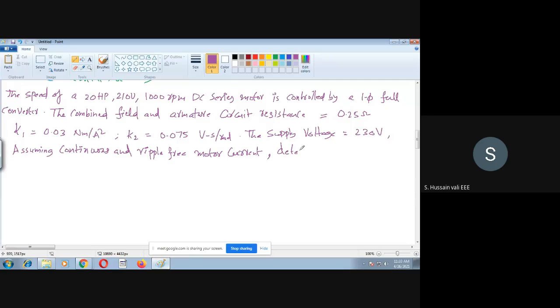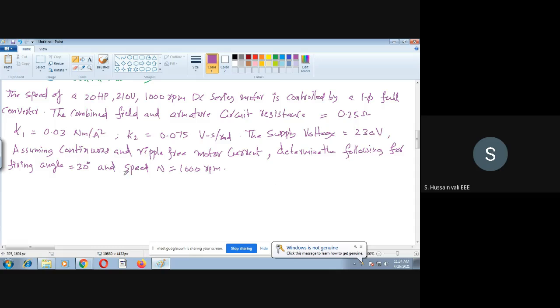Determine the following for firing angle 30 degrees and speed N equal to 1000 rpm.